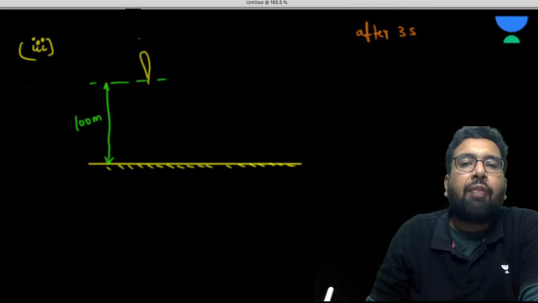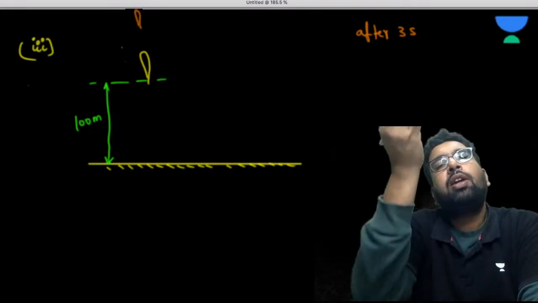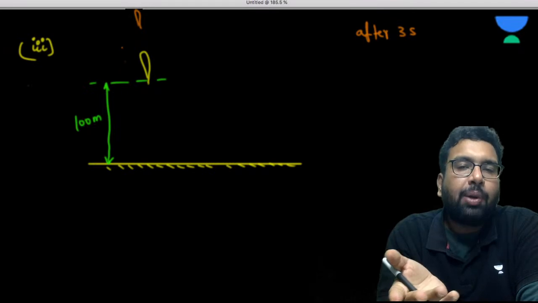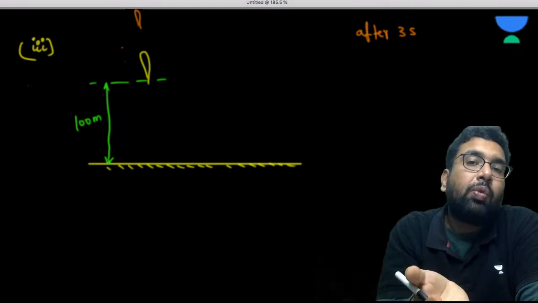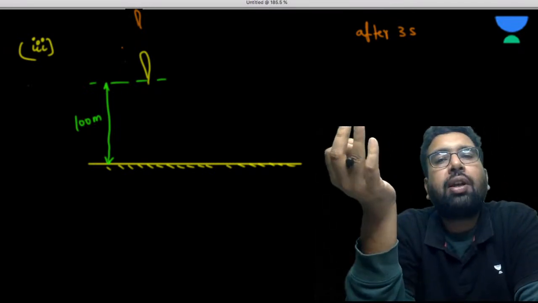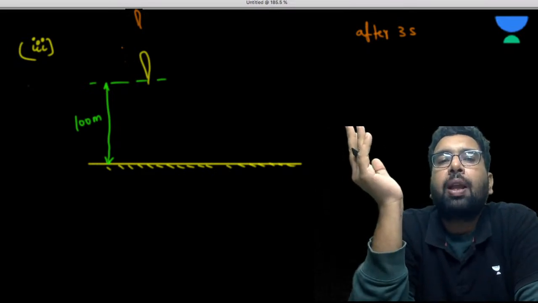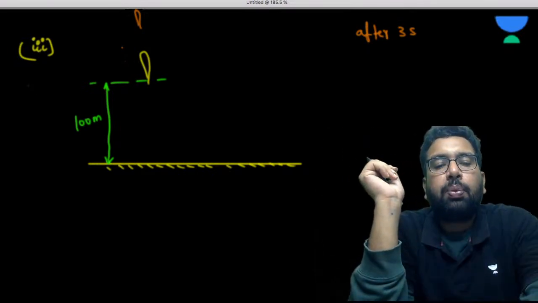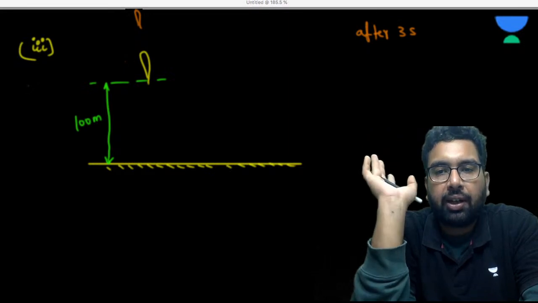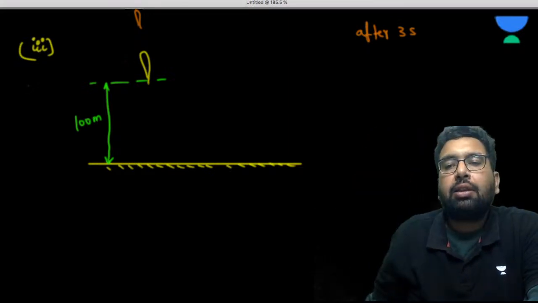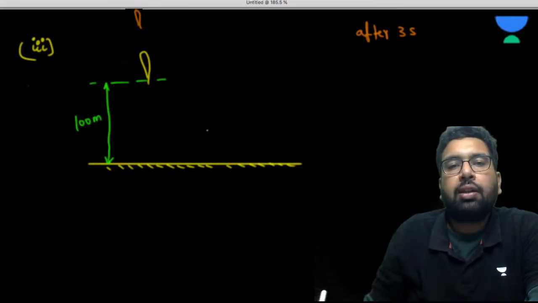So after 3 seconds, the balloon could be somewhere here. Even after the stone is dropped, it is still moving upward because it has a speed of 10 meter per second upward. Let's suppose after 3 seconds the balloon reaches somewhere here, and the stone is somewhere here.